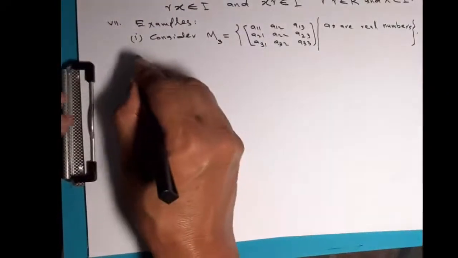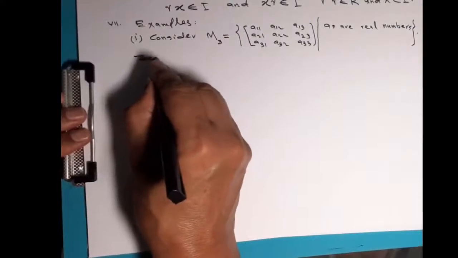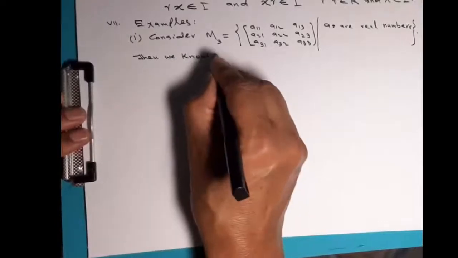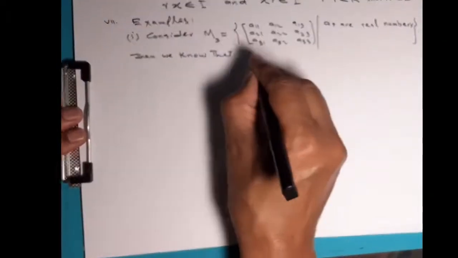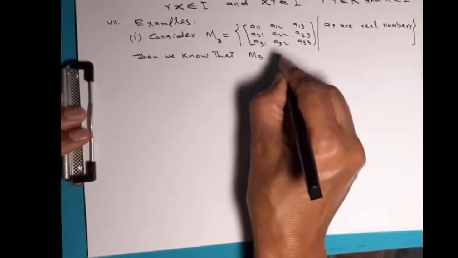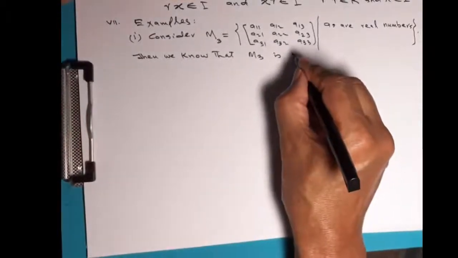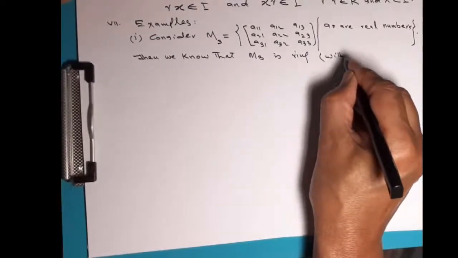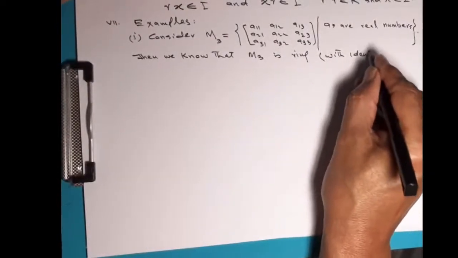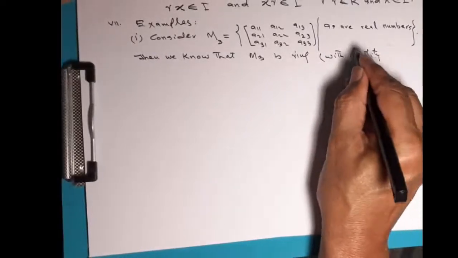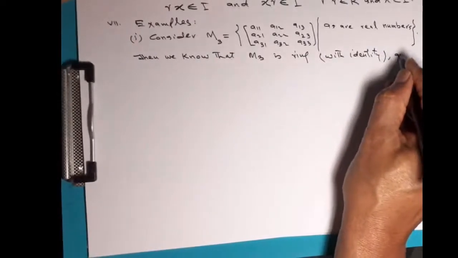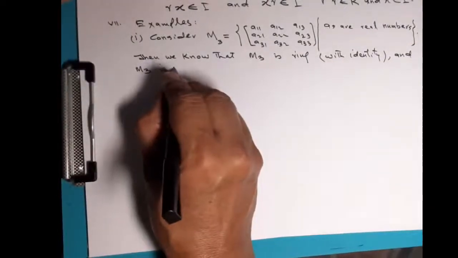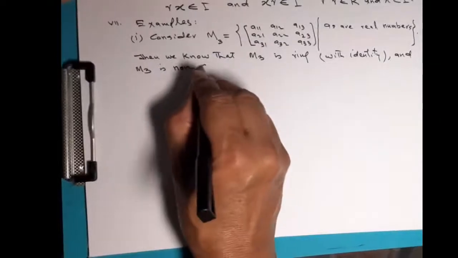Then we know that M3 is a ring. In fact, this is a ring with identity. And just to recall, M3 is a non-commutative ring.